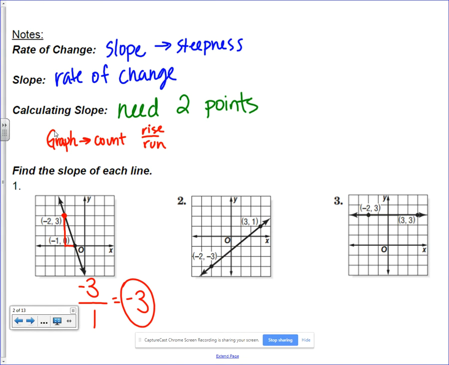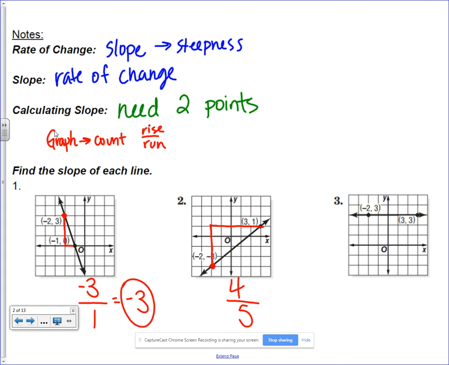Let's try again. Number 2, another graph. Which point am I going to start at, the left or the right? The left, which is right here. How many do I have to rise to get to my next point? Everybody agree with 4? And it's positive because I'm going up. How many do I have to run? How's everybody doing?